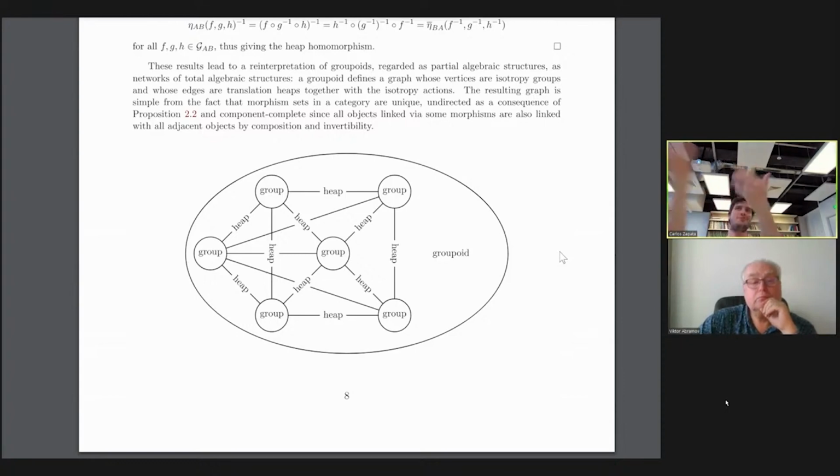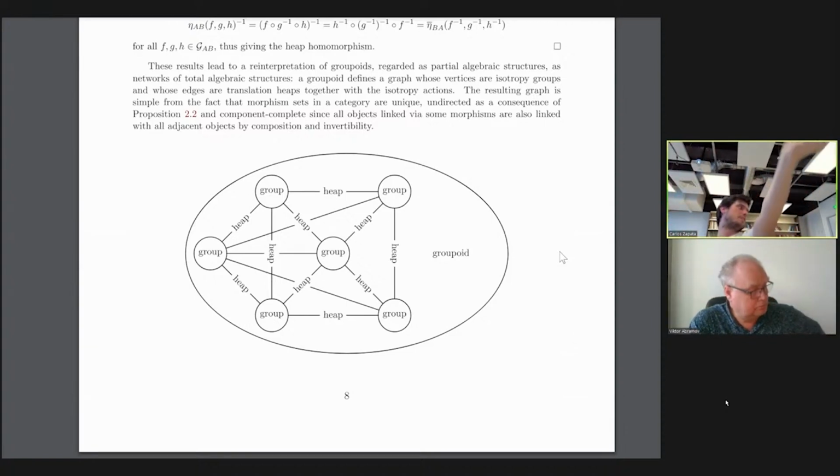If you take the same object twice, you get the heap that gives you the group. But if you don't, then you just have a heap in general. Here the left and right Biunits are given by identities on one object or the other, so they are actually separate.